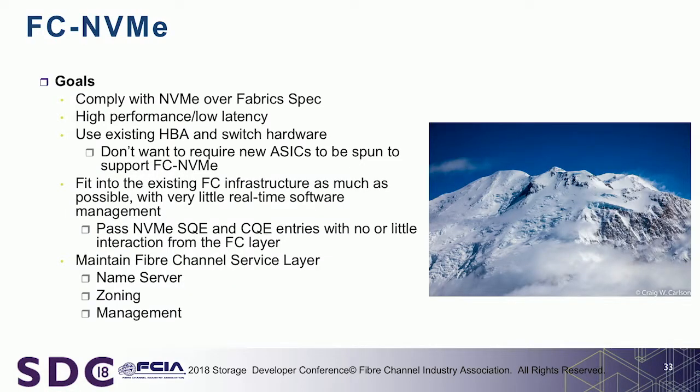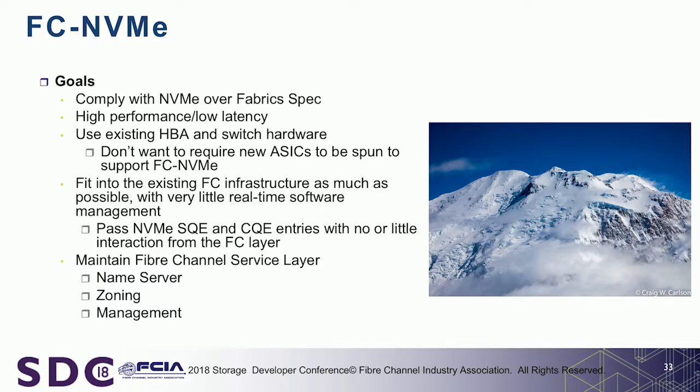So our goals when we designed FC-NVMe: first of all, it had to comply with the NVMe fabric specification. Of course, we also wanted to have high performance and low latency. And we wanted to reuse existing hardware. We didn't want to require new hardware to be designed and built to make it work.